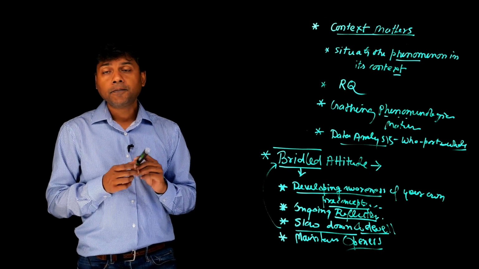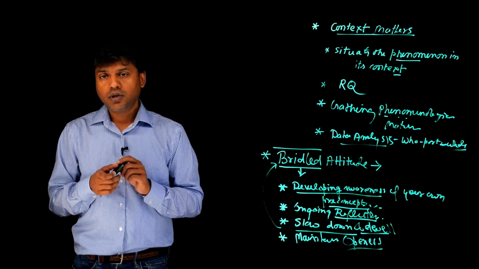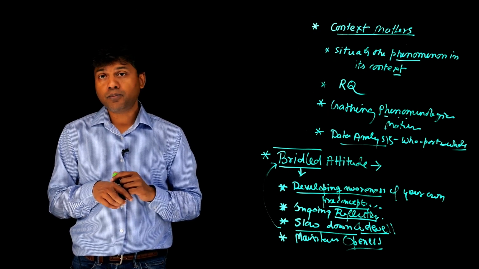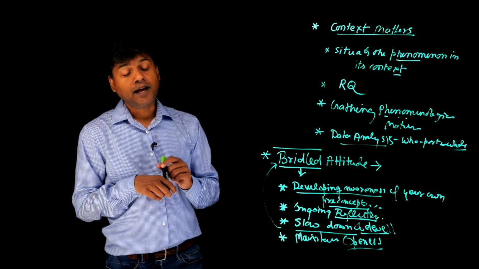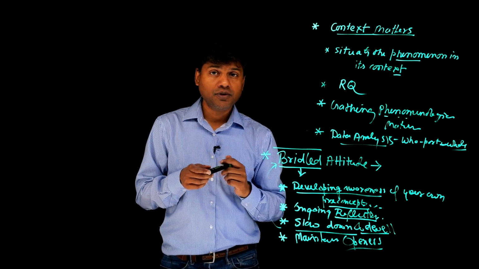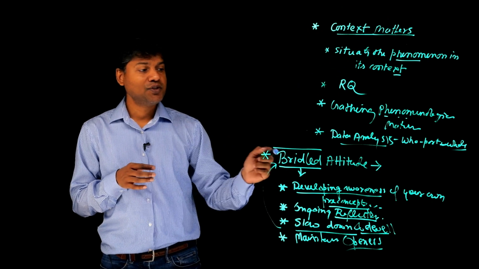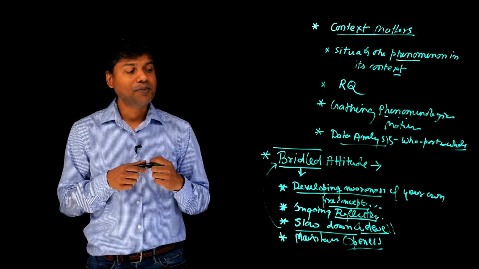And finally, the most important contribution of Dahlberg's approach is bridling. While growing up, she used to live on a horse ranch, and that's where this word bridling came from.